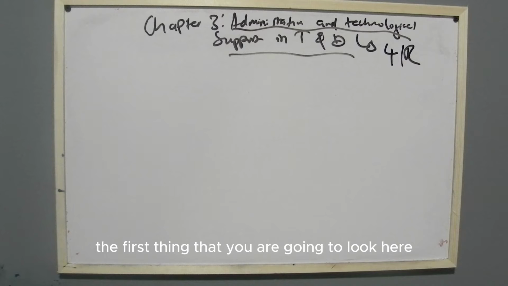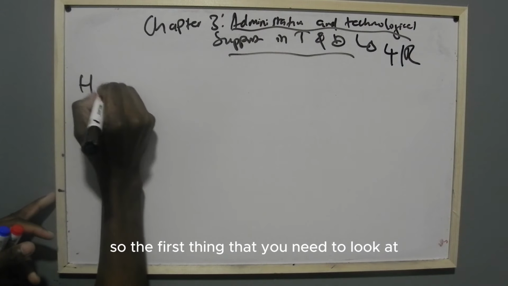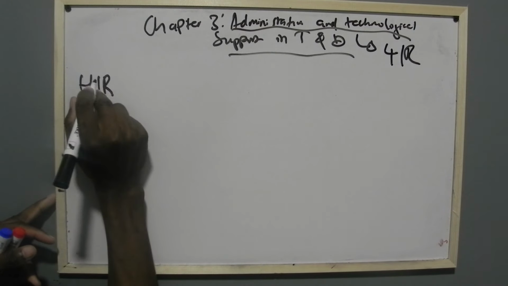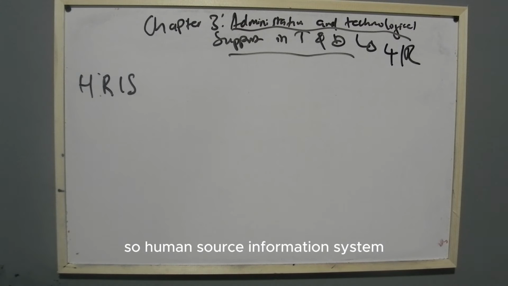So the first thing that you need to look at is the human resource information system, right? The human resource information system is a system that is used to capture the training and development information in the organization.